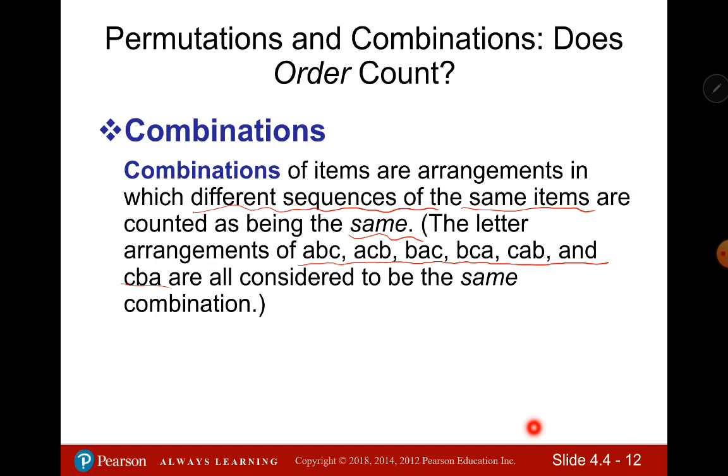So in this case, does order matter? We will say no, order does not matter.